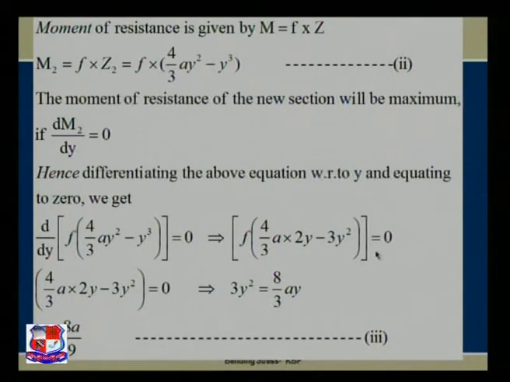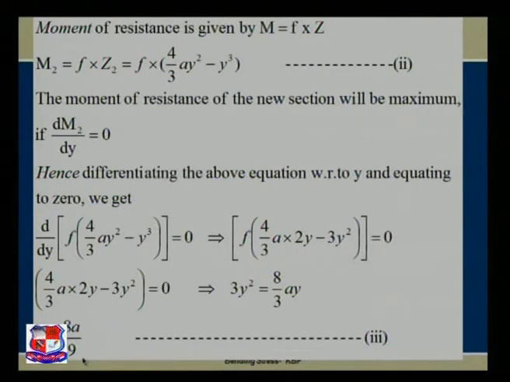Once again simplifying this, we achieve 3y square is equal to 8 by 3 ay. Once again simplifying, we achieve y is equal to 8 by 9a. That we had to prove, that we have proved right now. What is the proof? That y is equal to 8a by 9.